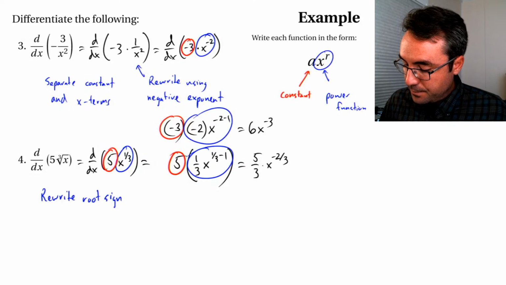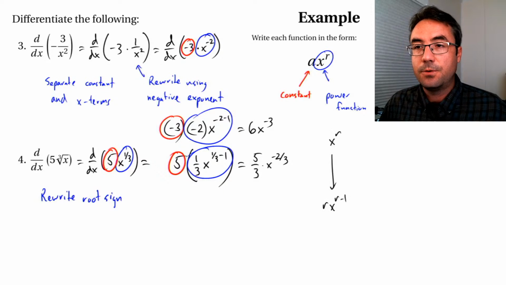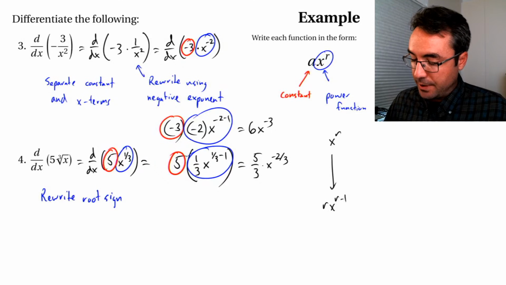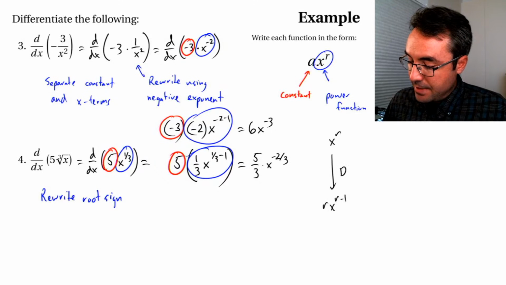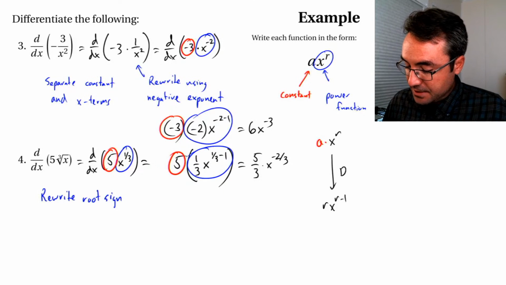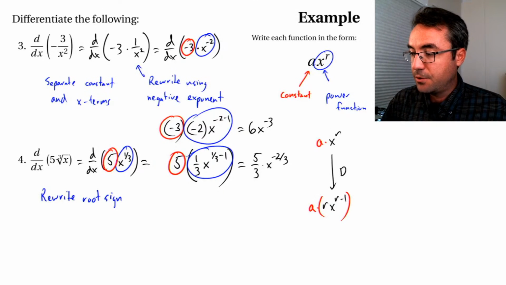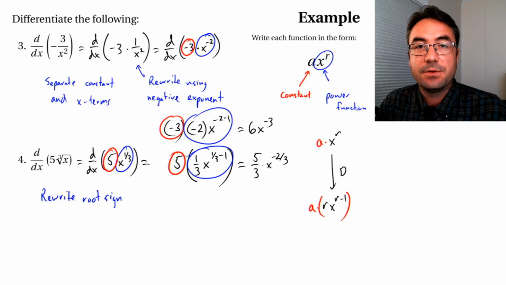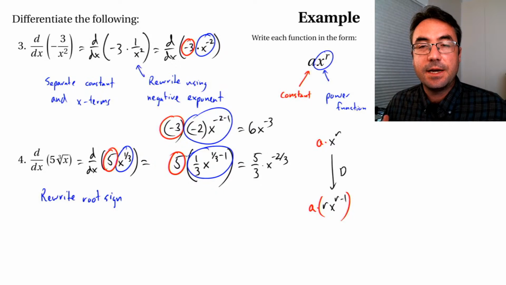Well, we have our power function, and we basically do the power rule like normal. So basic power rule there, we're differentiating. And then the constant multiple that we have in front there just stays in front even after we've done our derivative, differentiated using the power rule. So that's the format, how we do this.